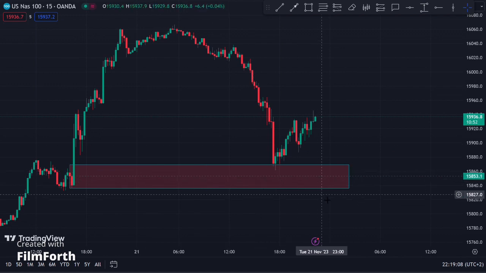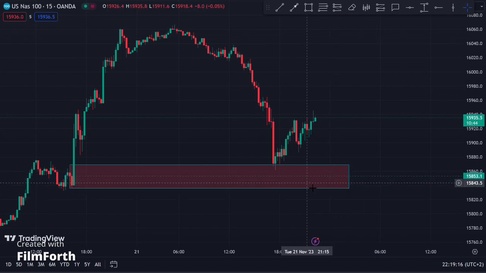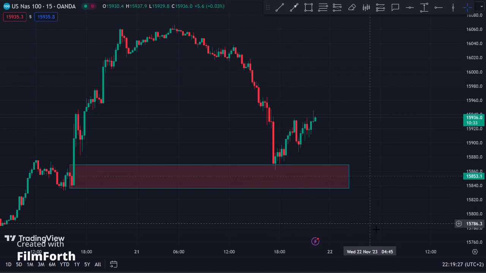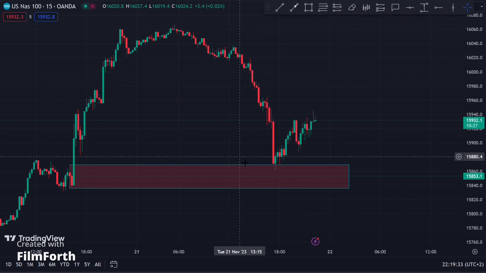The 50% mark, sorry for that, that's my chair. The 50% mark of this order block, if a candle, listen to this carefully, if one of these candles had come down here and closed below this line, this 50% mark I marked, it means we have violated the order block.